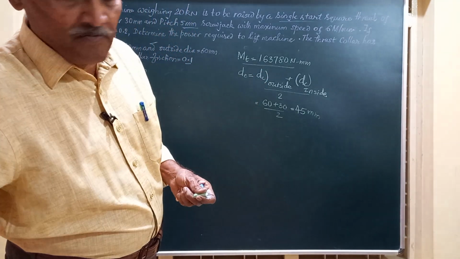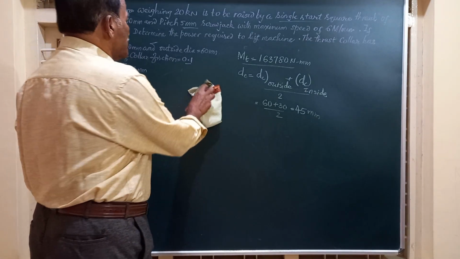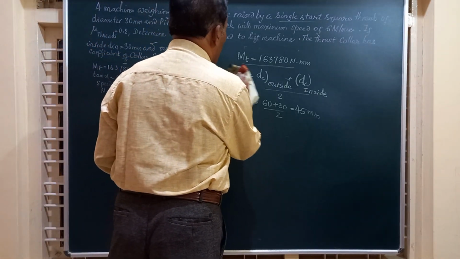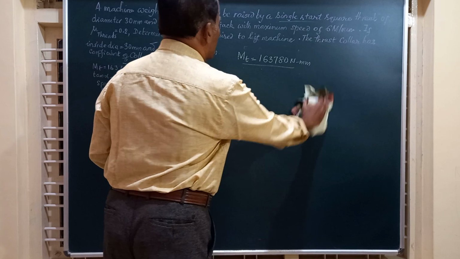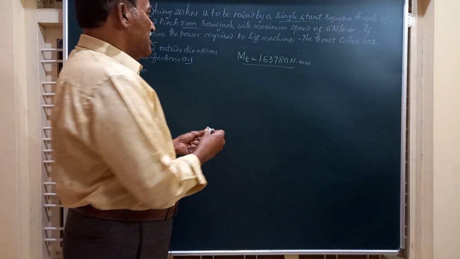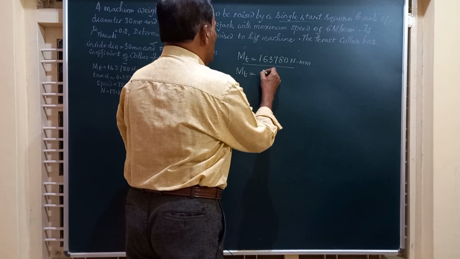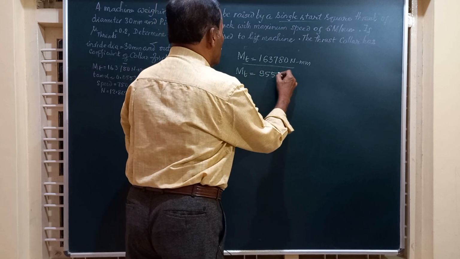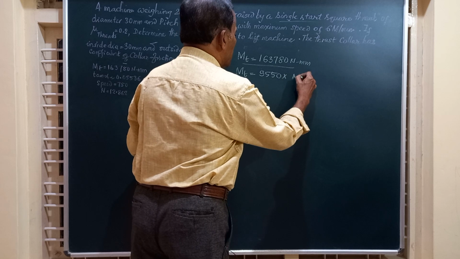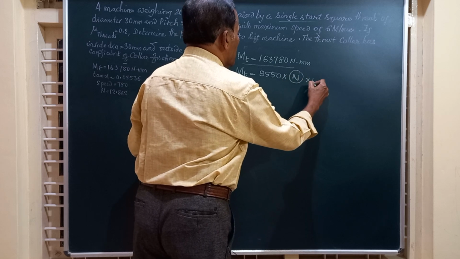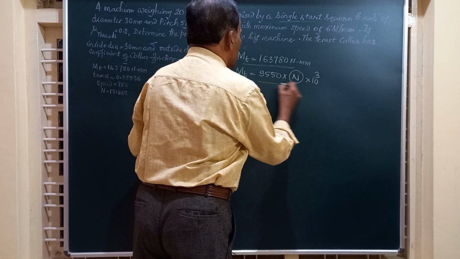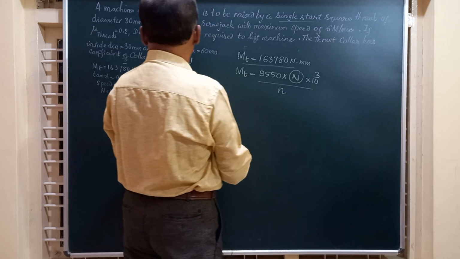Now what do we do? We can have the substitution made in the first formula to obtain the power required. Therefore, I will say this MT is equal to 9550 into capital N, which is to be found out, into 10 to the power of 3, divided by small n.